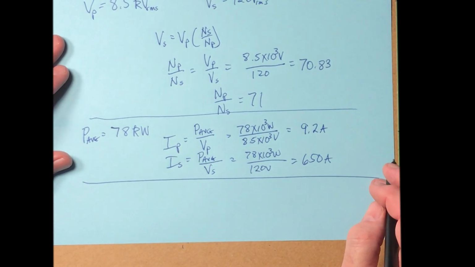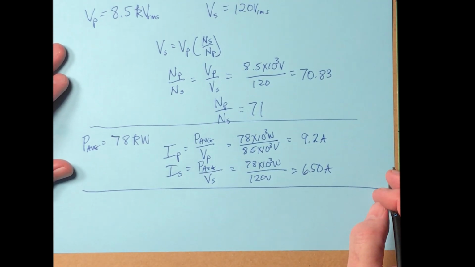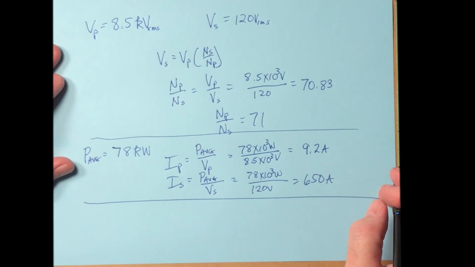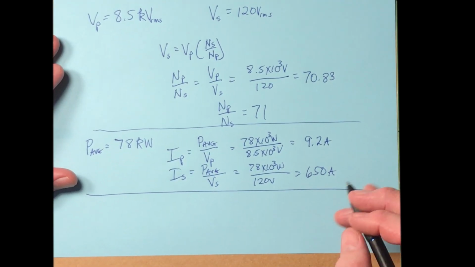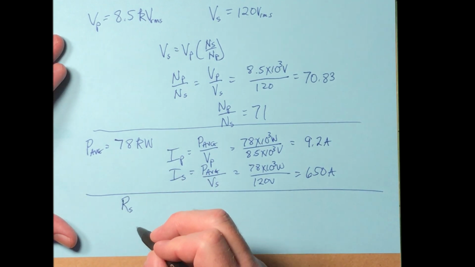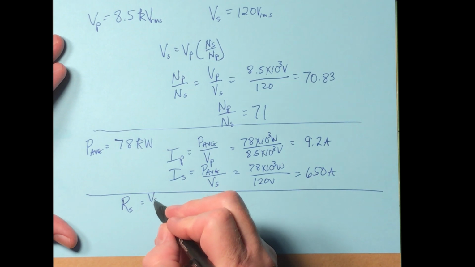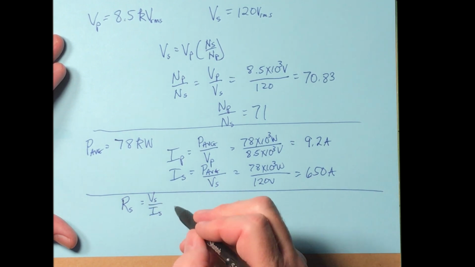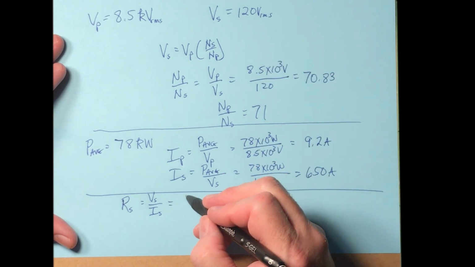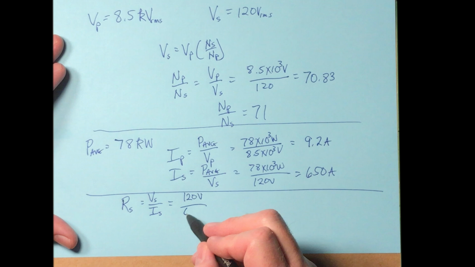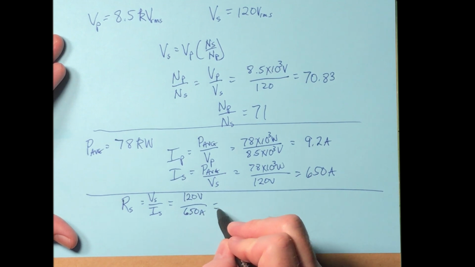All right, one other thing before we disappear here. What about the resistances? What is the resistance on the secondary side and the resistance on the primary side? Well, we have enough information. I don't have to give you anything else. You should be able to figure this out. R on the secondary side is just V on the secondary side divided by I on the secondary side. Well, V on the secondary side is 120 volts. I on the secondary side is this 650 amps.